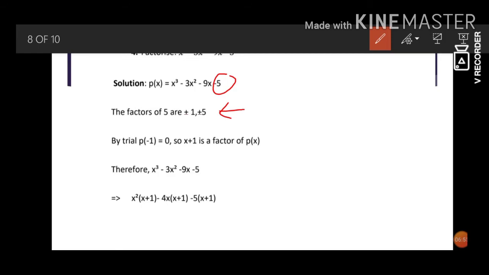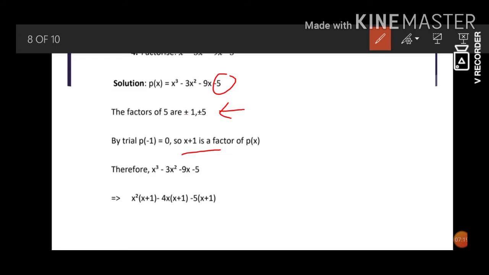By the trial method, if we substitute the values plus 1, minus 1, plus 5 and minus 5 in the polynomial, we see that for minus 1 we get 0. So p of minus 1 is 0, and hence x plus 1 is a factor of the polynomial p of x, x cube minus 3x square minus 9x minus 5.